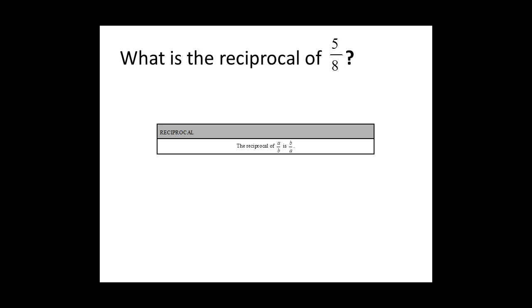What is the reciprocal of 5/8? If we're given a fraction, the reciprocal of a fraction is if we take the numerator and put it in the denominator, and we put the denominator in the numerator. So the reciprocal of 5/8 is 8/5.